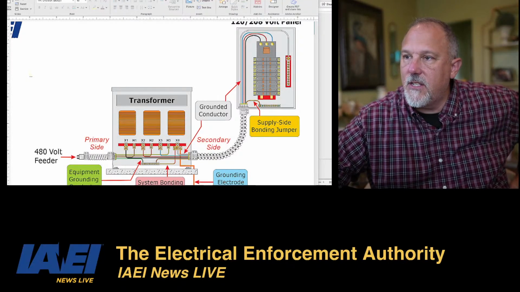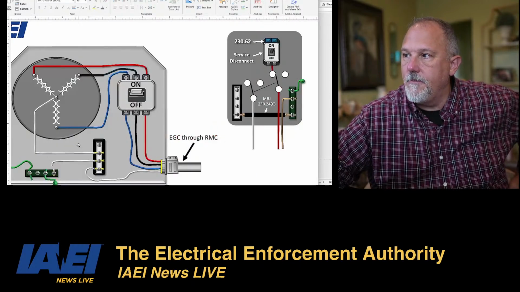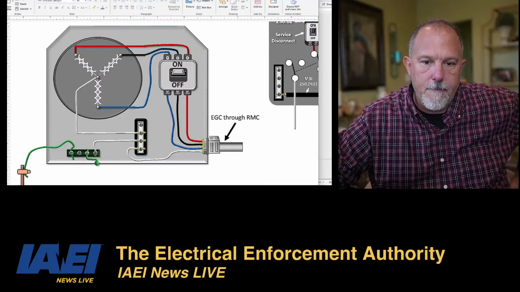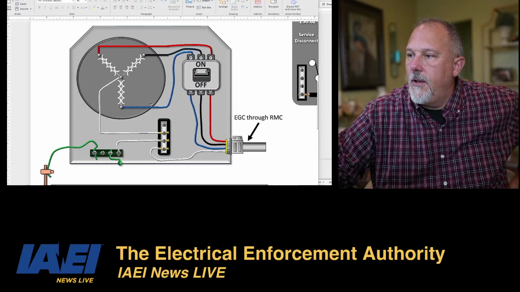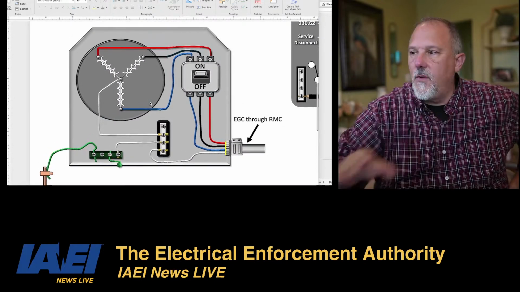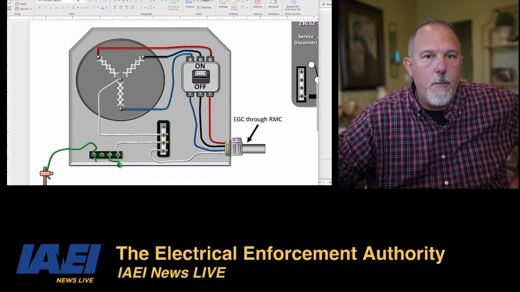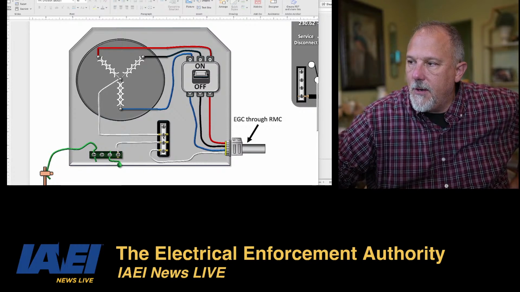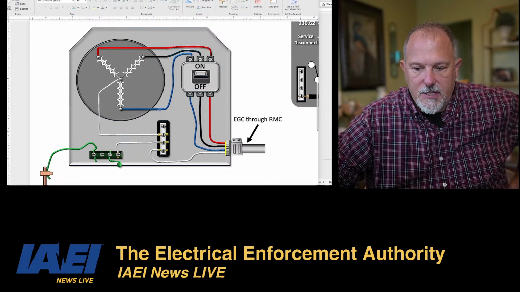250.35 is speaking to generators. So if I have a generator, like we have here, much like a transformer, I am going to make a connection between the ground bar and this neutral bar for a separately derived system.